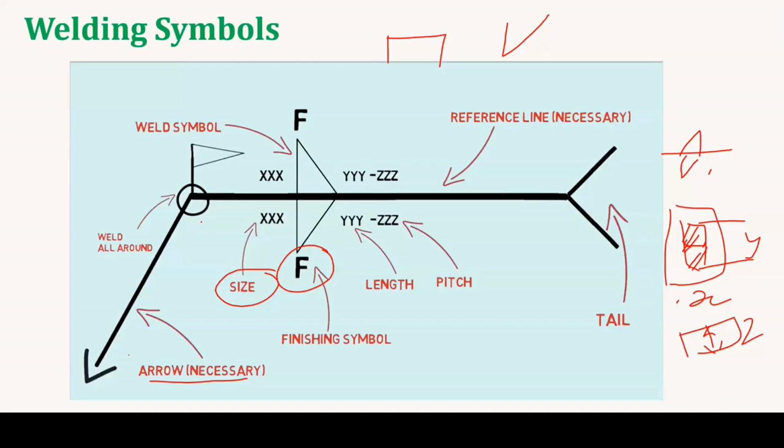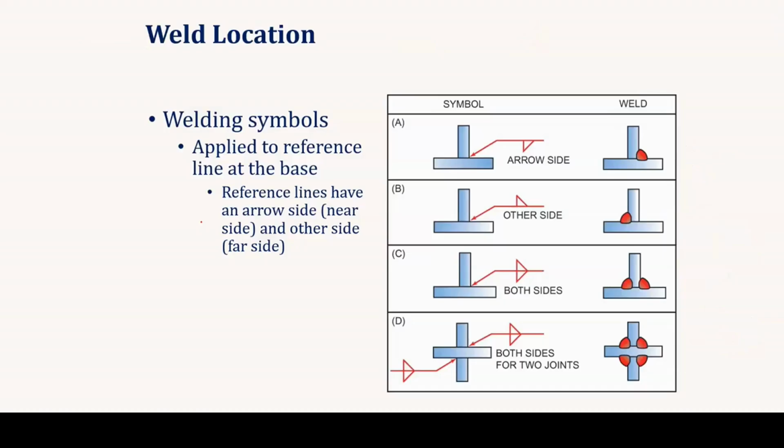So these are the different nomenclatures of the welding symbol, and these are the different welding symbol locations. You can see if you have a triangle at the bottom side, the welding should be done where the arrow ends, right? If the arrow ends here and we have the symbol like this, it has to be welded on this surface.